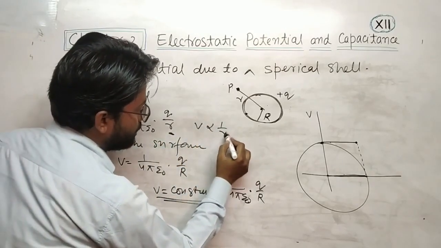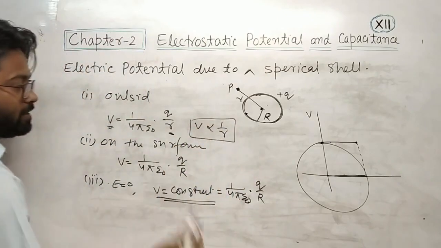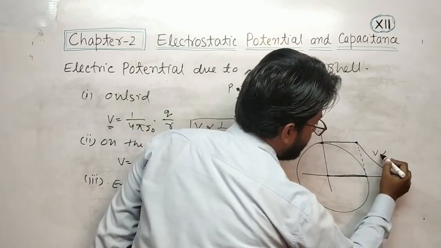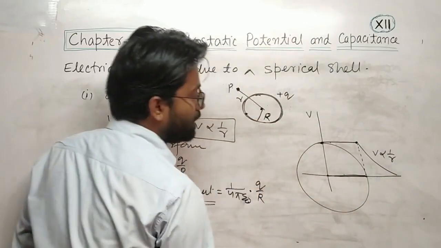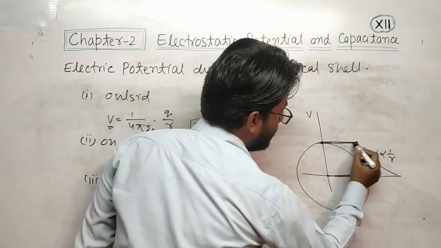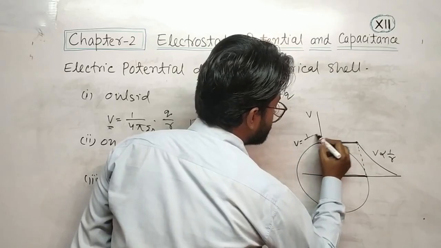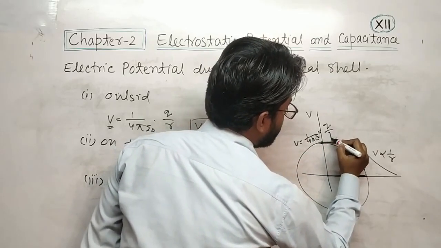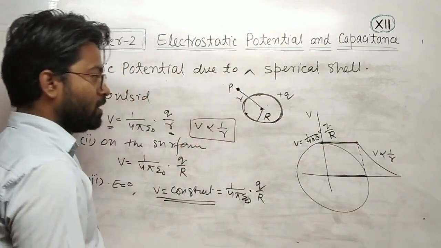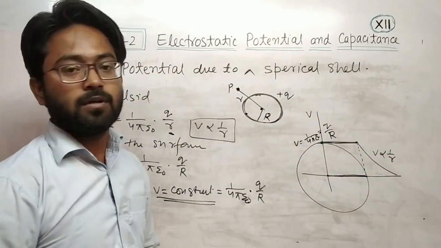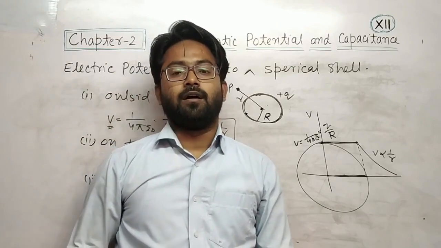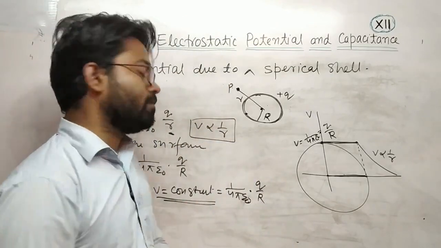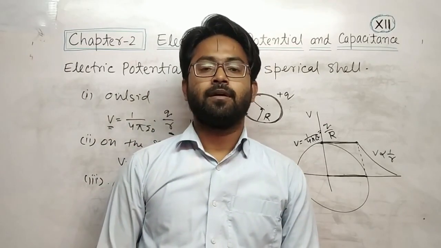Potential is inversely proportional to the distance, so it will decrease like that. V is inversely proportional to R, and on the surface the potential is 1 upon 4 pi epsilon naught q upon R, which is constant. I hope you understood all these topics. Next we will discuss another topic. Thank you.